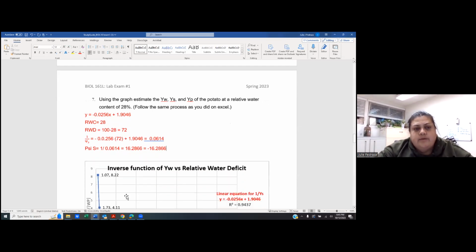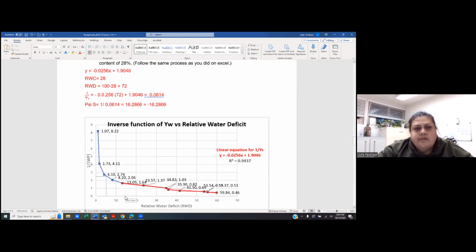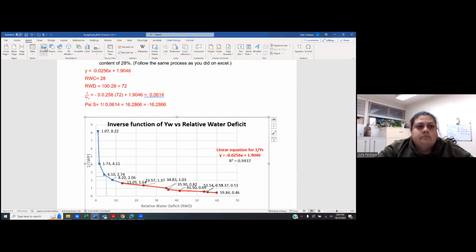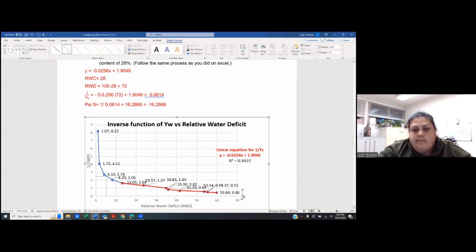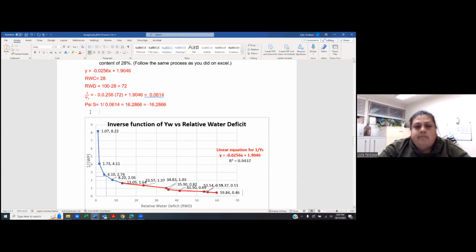Then we said, okay, so relative water deficit is 72, which is over here, okay? Which means that psi p is what?